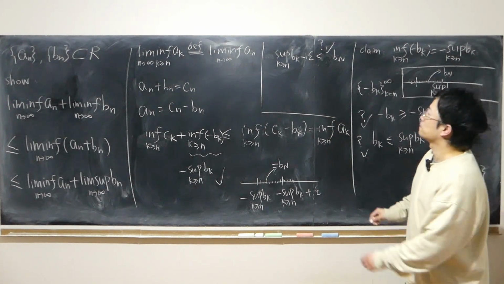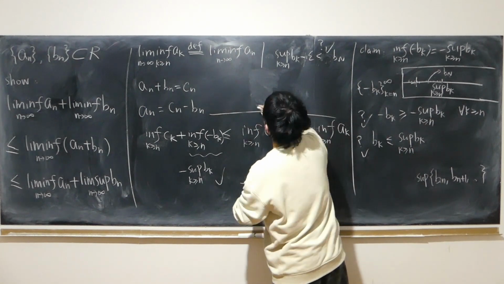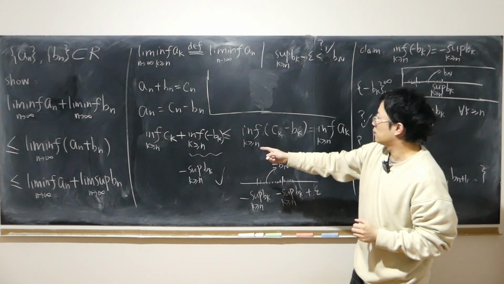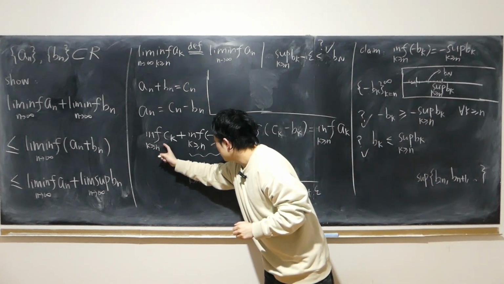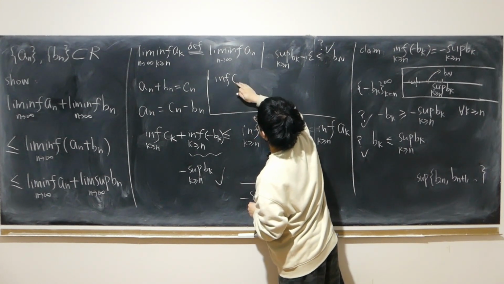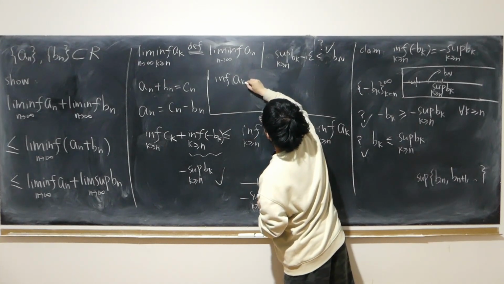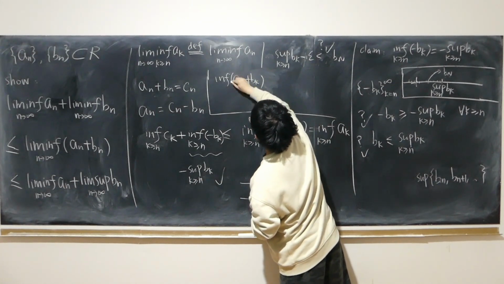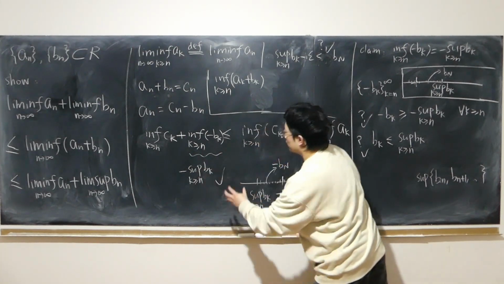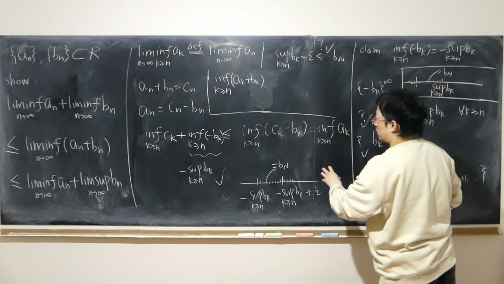So now what do I have? What I have now is that I can just copy liminf Ck. Inf Ck. Ck is what? Ak plus Bk. Minus supremum. Move this minus to this side, I change it to positive.